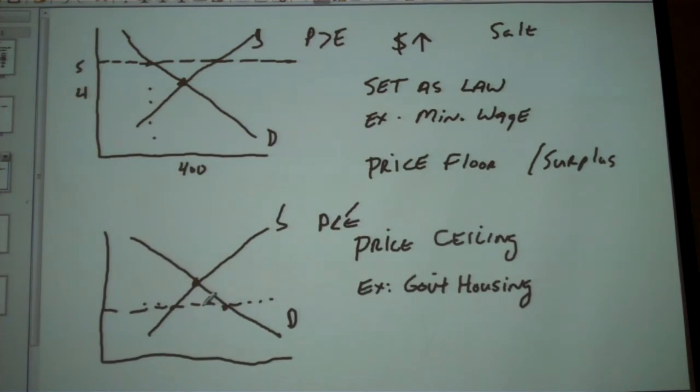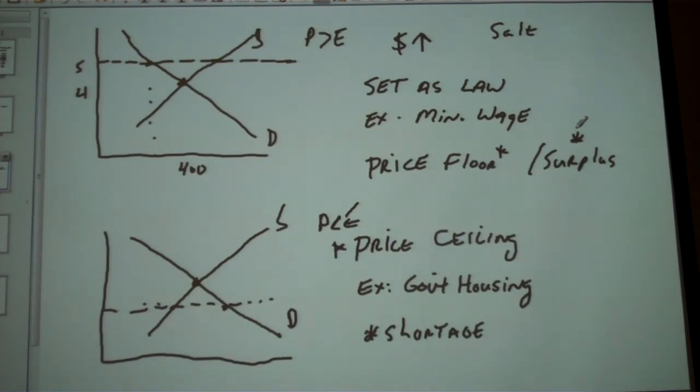You can't necessarily charge what the market would allow you to charge, so it does not go above that. And what you have here is a shortage. You have high demand but low production. Supply is less than demand, so you have a shortage. So price ceiling and shortage, price floor and surplus, are two things that occur when pricing does not happen at equilibrium.